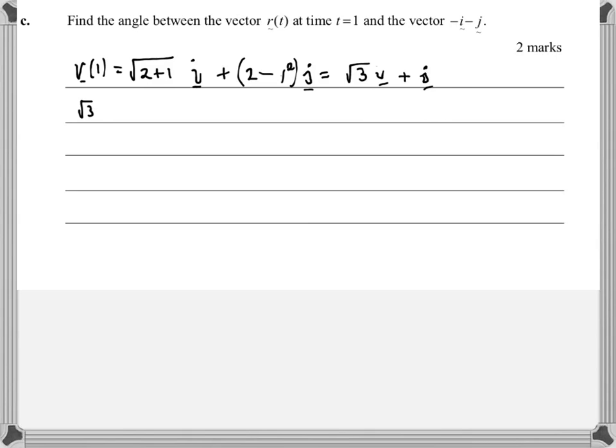The next bit is, first off, we recognize that this is a first quadrant vector. If we sketch that in the Cartesian plane, we recognize it is coming out into the first quadrant. If I take a dot product with i, that's the horizontal, the x direction.